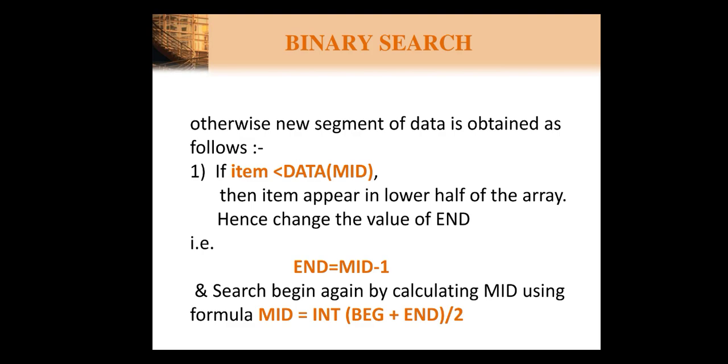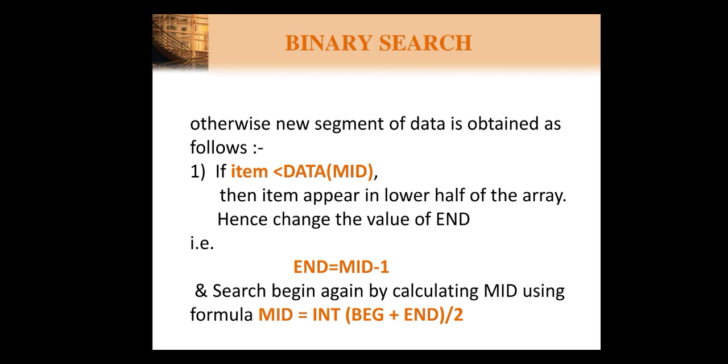If yes, then we need to change our end position with the help of the formula: end is equal to mid minus 1. So when you change the end position, again you get the whole array from beginning to end.